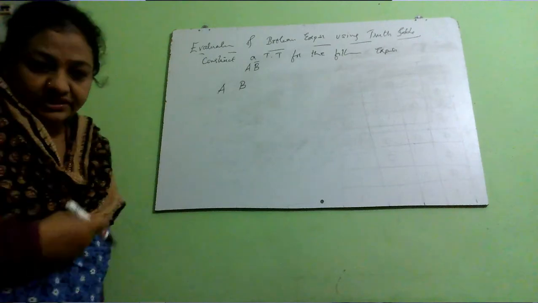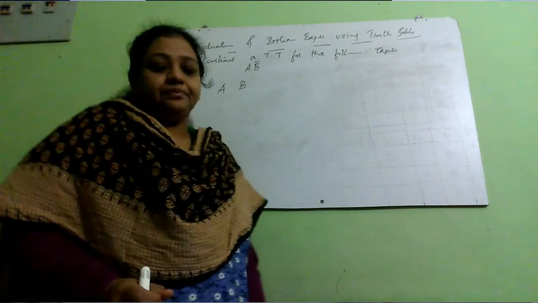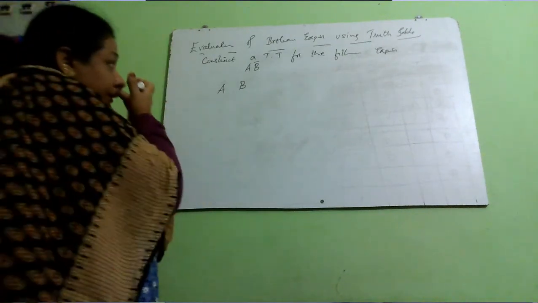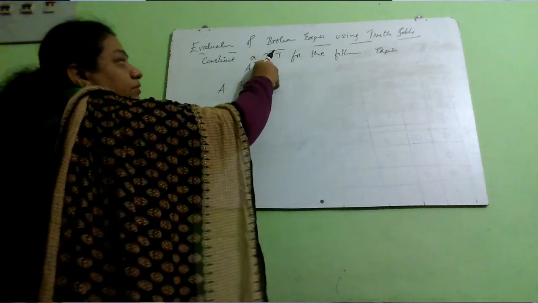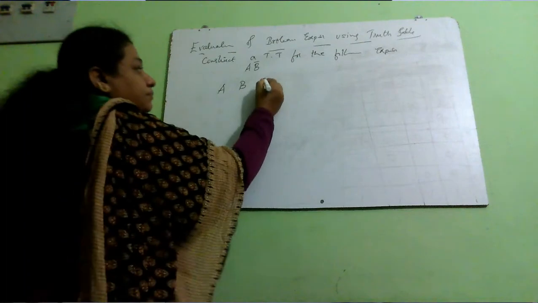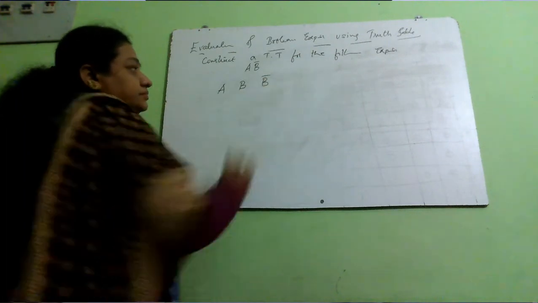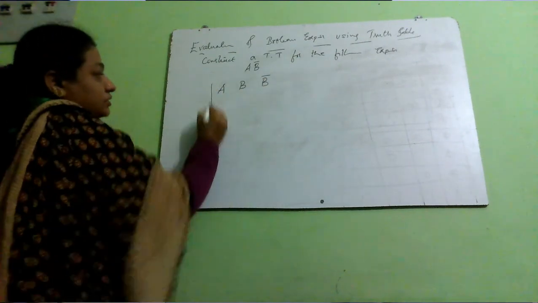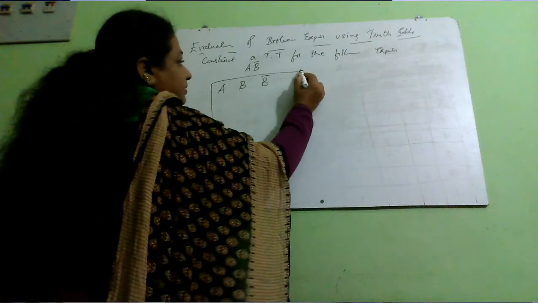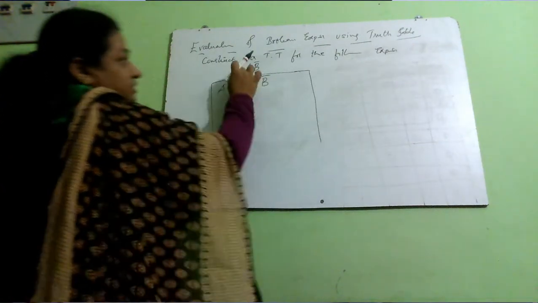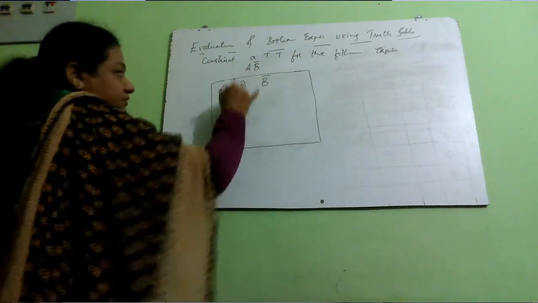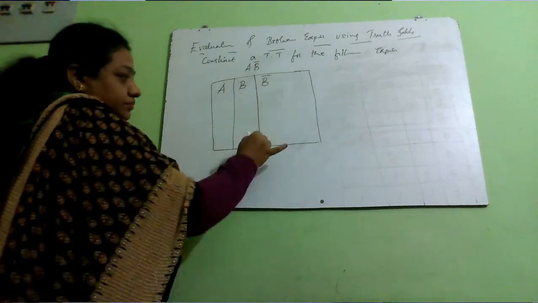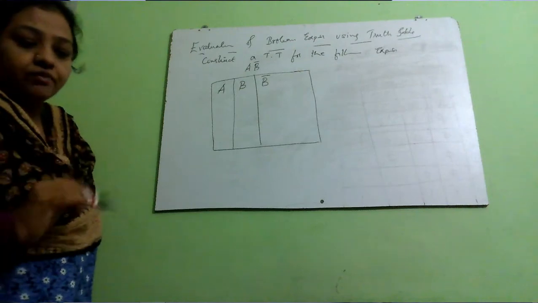For example, an arithmetic expression is something like 2 plus 3 into 4 divided by 6 into 3, whole to the power of 2. Whereas a Boolean expression will have only 3 operations.